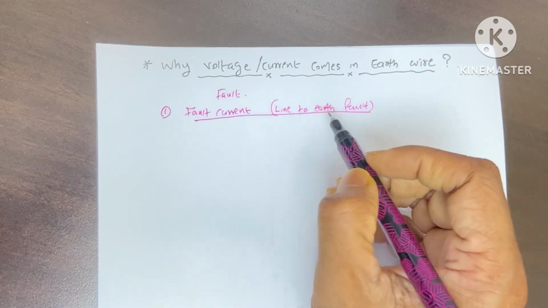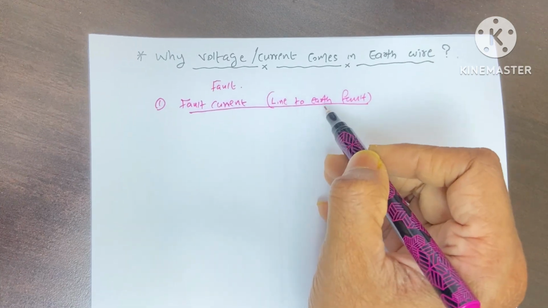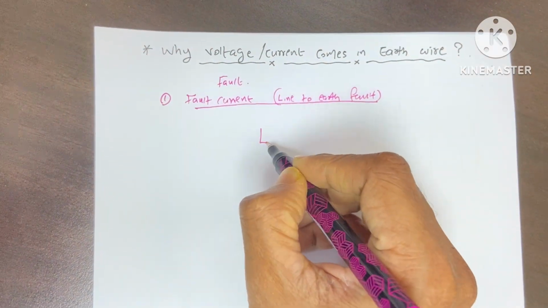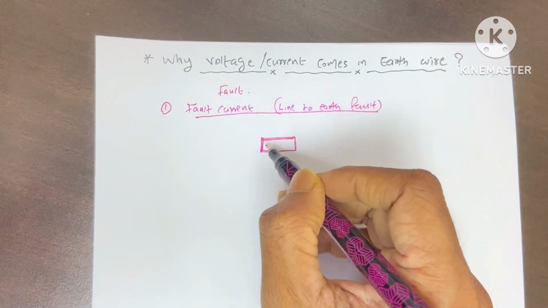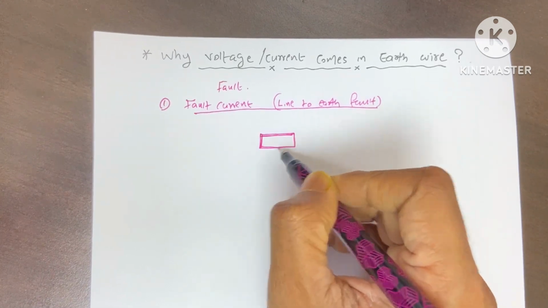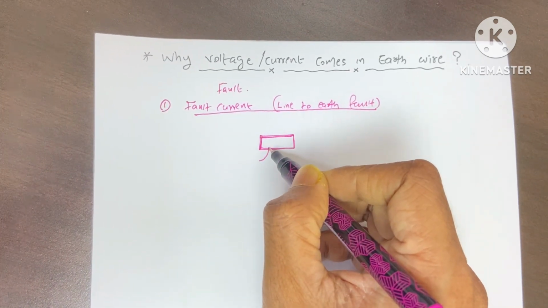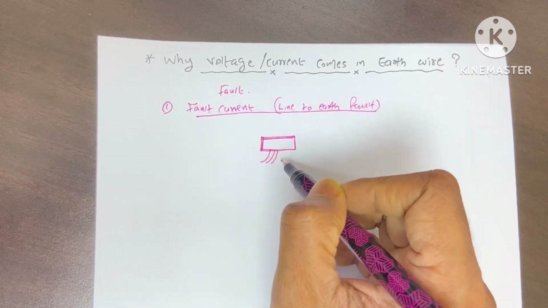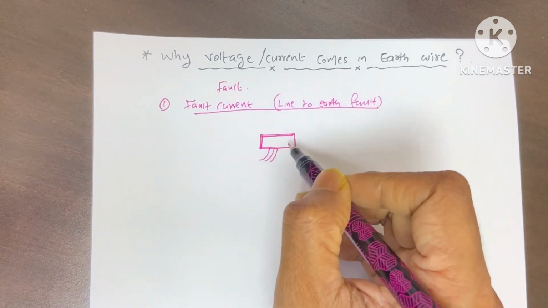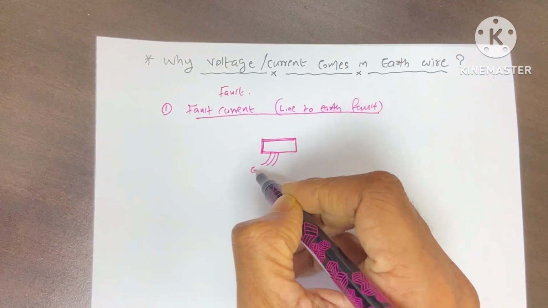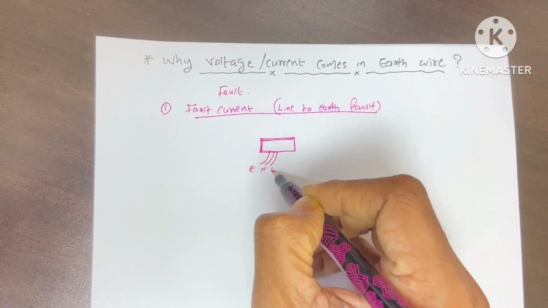I mean, if the line wire touches the earth, suppose you have an appliance. The body of this appliance is metal, and we have line wire, neutral, and earth connected to the appliance. It is earth, neutral, and live.